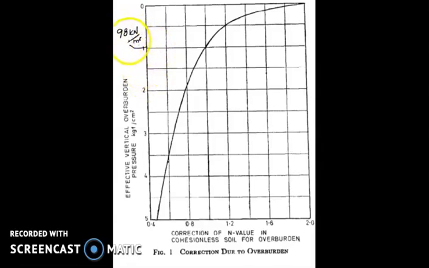So when sigma z is less than 98, I'm talking about this zone, the correction factor goes from here to here. So it's basically 1 to 2. And the moment your effective overburden increases, it's increasing in the downward direction, your value of correction factor becomes less than 1. It goes this side. That's what I meant by that statement.